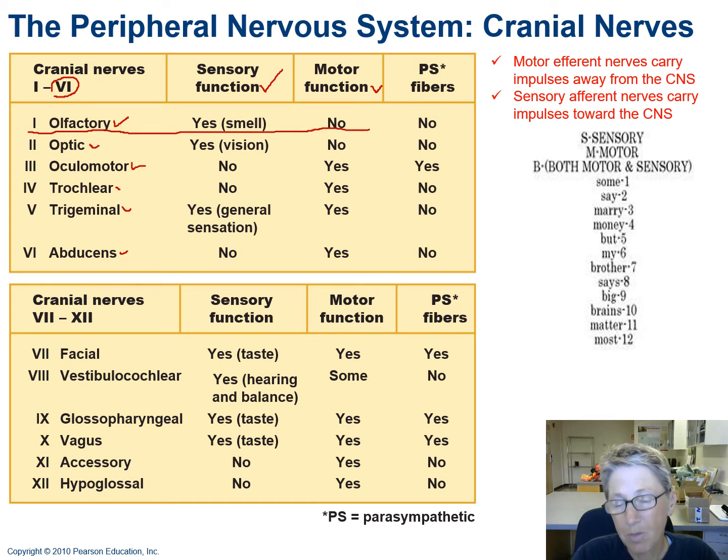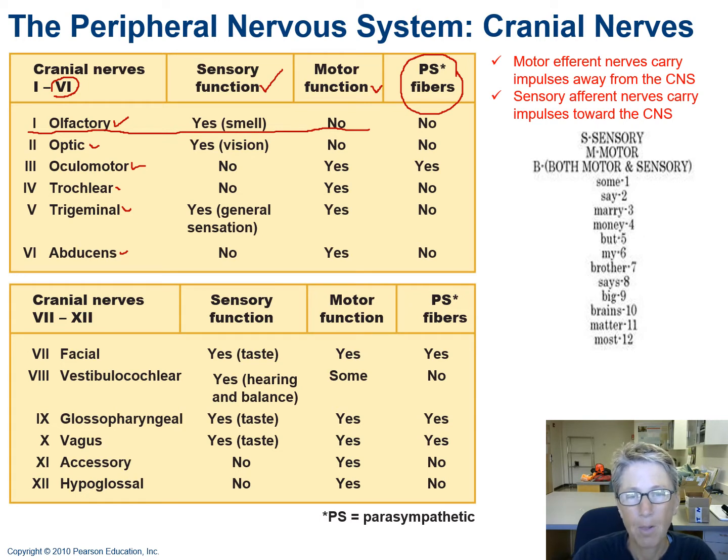And now this column, we'll talk a little bit about this column, but not much, because PS means parasympathetic. We'll talk about the parasympathetic nervous system when we talk about the autonomic nervous system, and we'll talk about where parasympathetic nervous system fibers run.